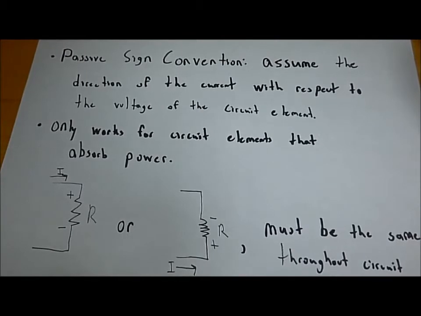Now it's important that we discuss passive sign convention, which is when we assume the direction of the current with respect to the voltage of the circuit element. This only works for circuit elements that absorb power, not generate power.